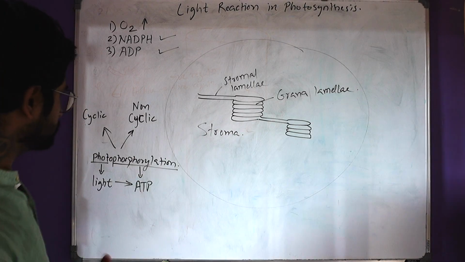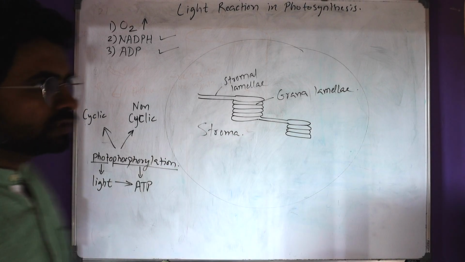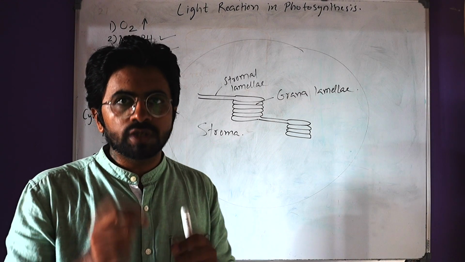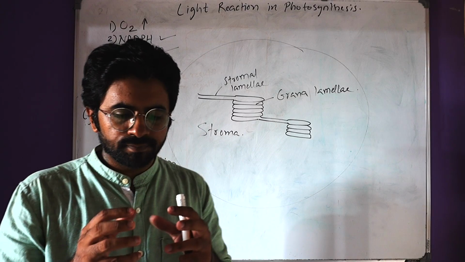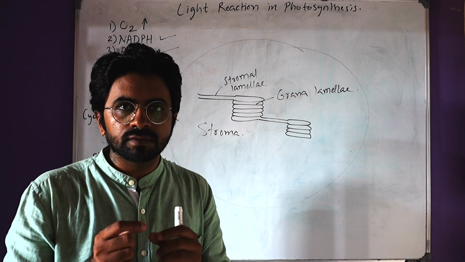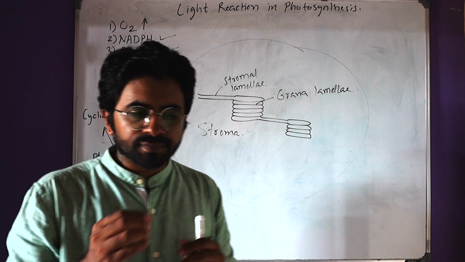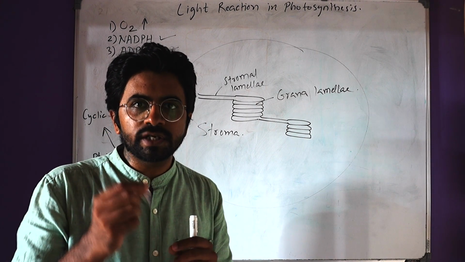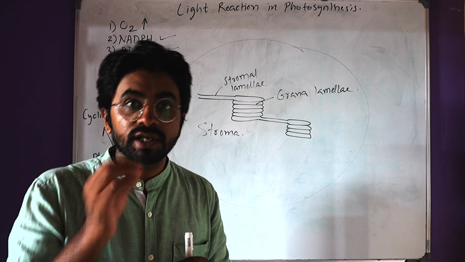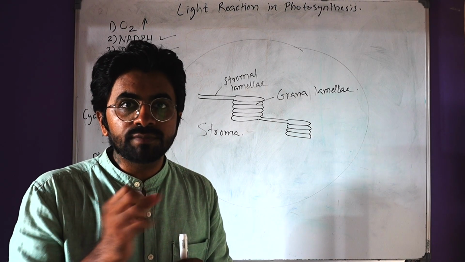Now, there are something called quantasomes which we have learned. Quantasomes means a group of pigments which can fire their electron from ground state to excited state if they are in presence of light.